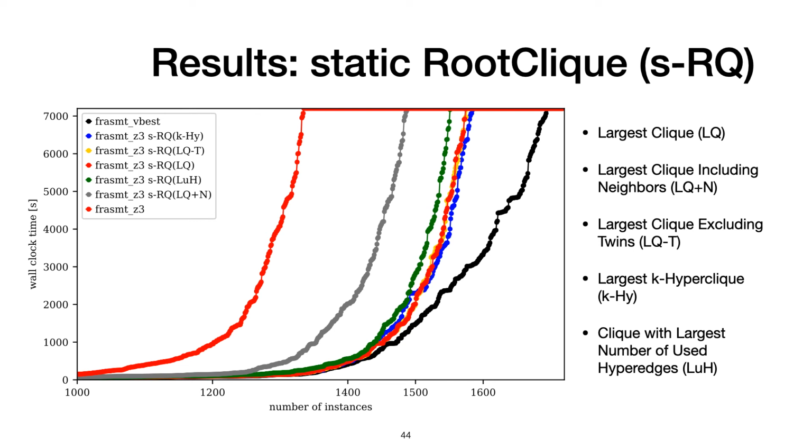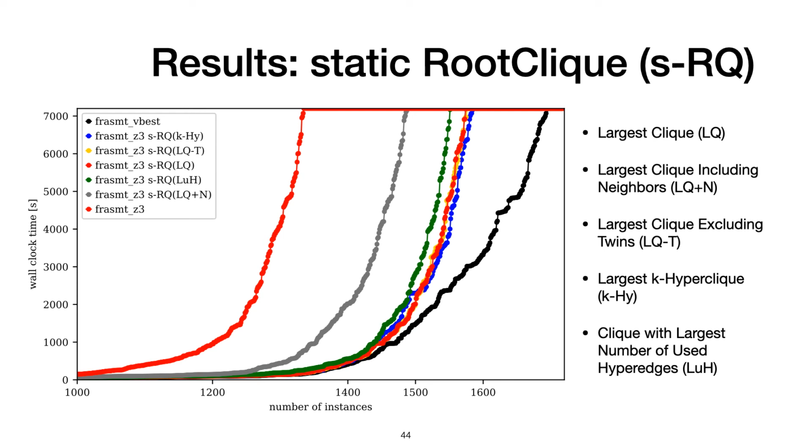Now let's take a look at the actual results. The FraSMT alone solves 1,300 instances. When we extend FraSMT with RootClique and the LQ plus N, so largest clique including neighbors, we solve about 1,450 instances.